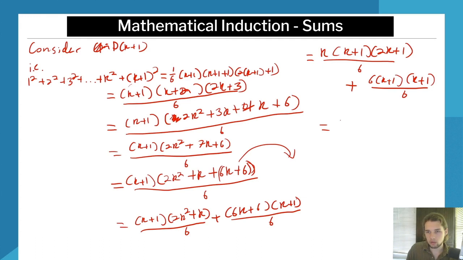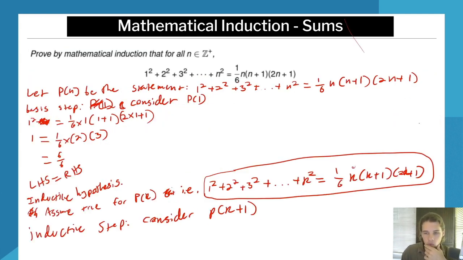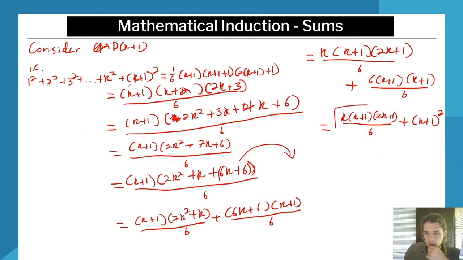So then this equals k plus 1, 2k plus 1, all over 6, plus k plus 1 squared. So this is where we want to be. We've created this right side, which is the same as this, and then all we have is an extra k plus 1.